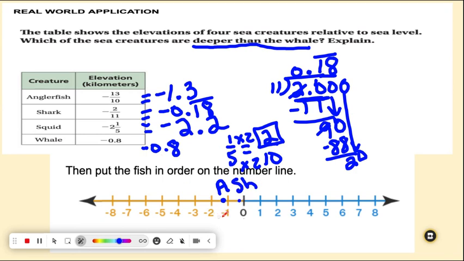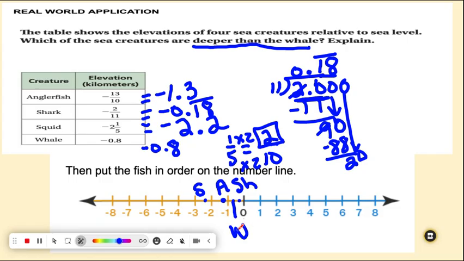And then we have the squid, which is negative 2 and 2/10. So a little bit past the negative 2. That is the squid. And then the whale is at negative 0.8, which is closer to negative 1, W for whale.